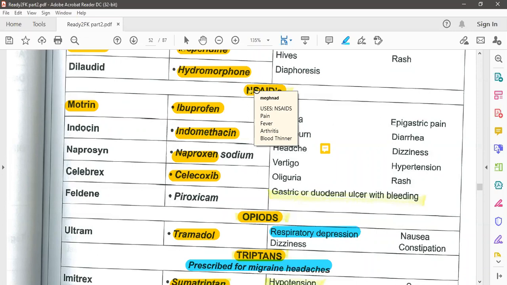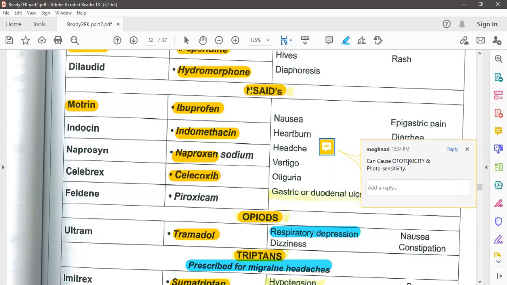It is good to take with food, and they will cause GI ulceration, and do not give NSAID with aspirin together. It is good to avoid aspirin and NSAID together, any kind of NSAID. And also stop taking 1 week before any kind of surgery. And all of them can cause ototoxicity or photosensitivity.